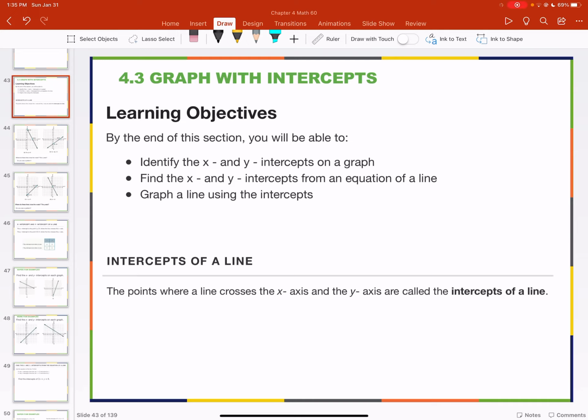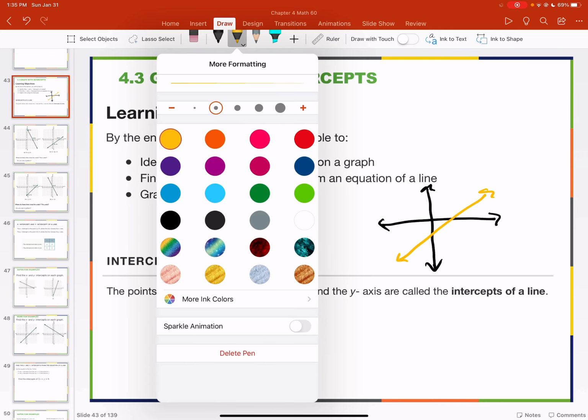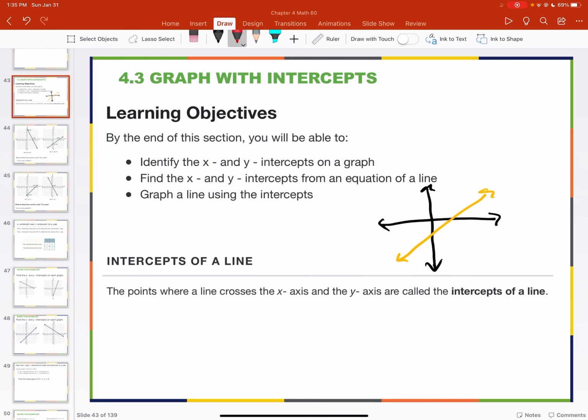So what's an intercept? We talked about this a little bit before, but it says here, the points where a line crosses the x and the y axis are called the intercepts of a line. So let's say here's the rectangular plane, and then you have some kind of line that just goes through here. These points here and here are called the intercepts.